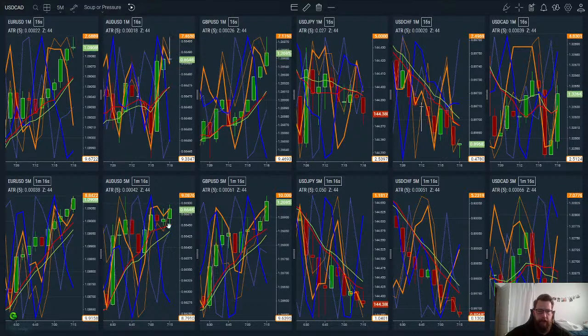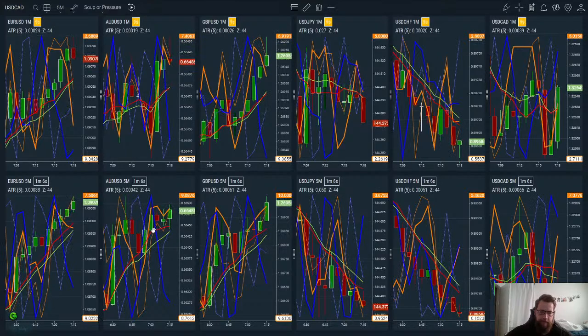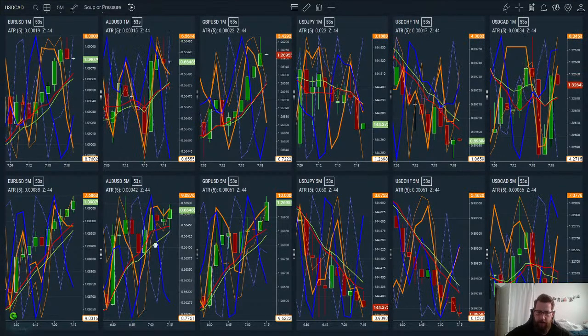You also have to look at the angles of each individual line, and kind of what the projection is. I mean, this looks like it's going to curve over and we're going to start going down.